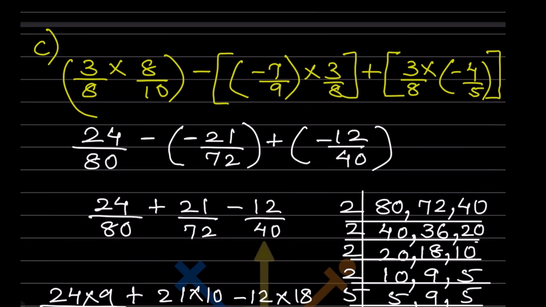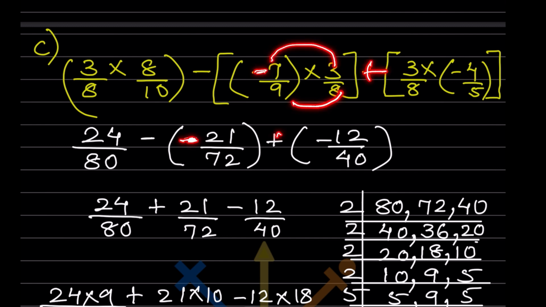Now look at this one. We'll do this 3 separately. So now this is multiplication. So 24, this will be divided by 80. So this is a negative sign. Now we are going to write here 21 divided by 72, but there is a negative sign, so we are going to write the negative separately.